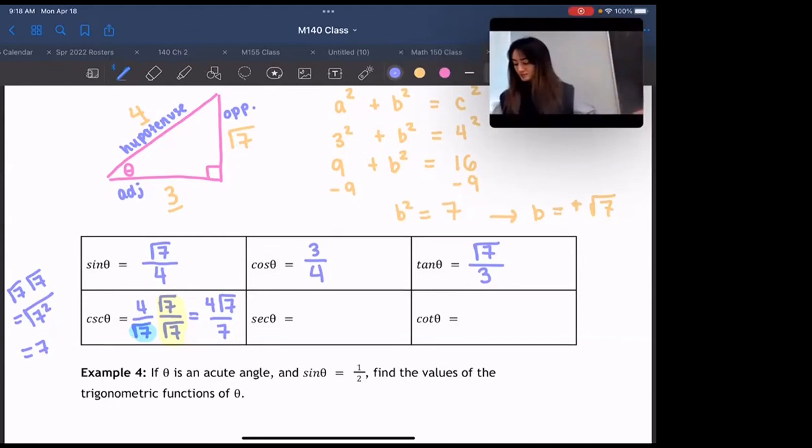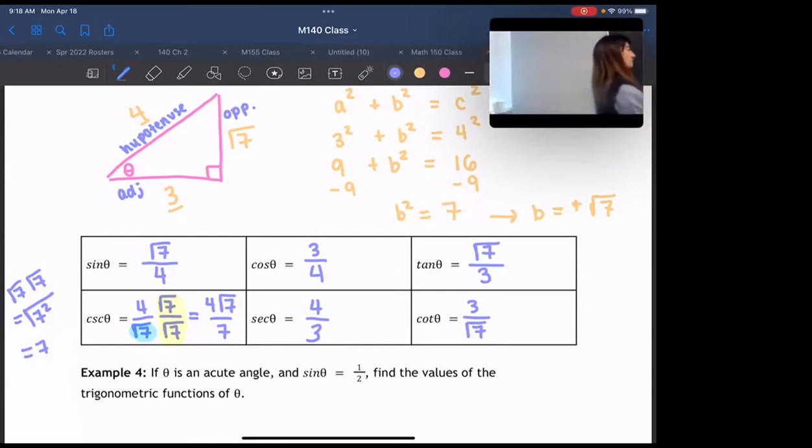Now secant's pretty easy because we already know that cosine is the reciprocal of secant. So all we have to do is flop the numerator and denominator. Next, cotangent. Same thing, 3 over the square root of 7. But guess what? We can't divide by the square root of anything. So why don't we do the same thing?